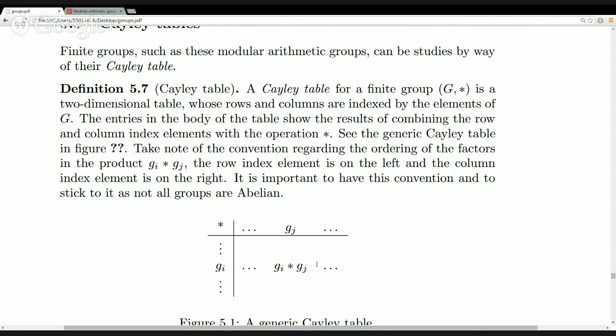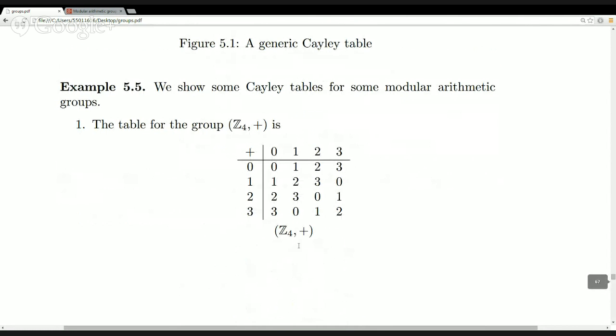So the ones that fall off the left appear at the end again. And that essentially is what every one of these modular addition groups looks like. The example in the notes of Z4 under addition is pretty much the same type of structure as this one over here: 0, 1, 2, 3; 1, 2, 3, 0; 2, 3, 0, 1; 3, 0, 1, 2. The same thing going on.